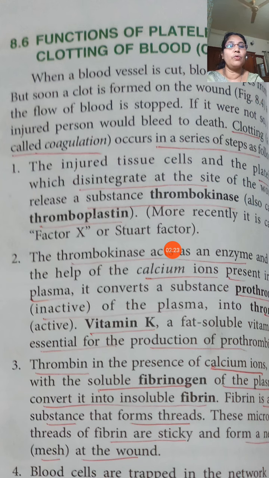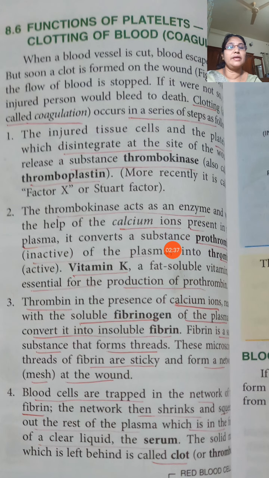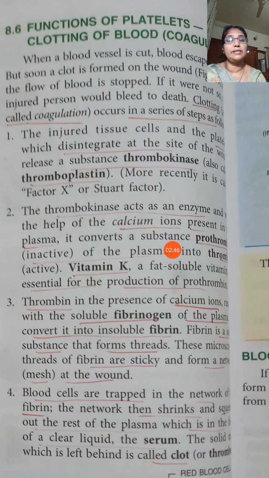It is also called thromboplastin. Thromboplast is the cell. It produces the substance thromboplastin or thrombokinase, which acts like an enzyme. Then this thrombokinase acts as an enzyme, with the help of calcium ions present in the blood plasma.